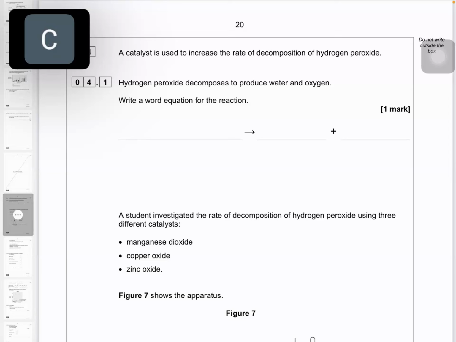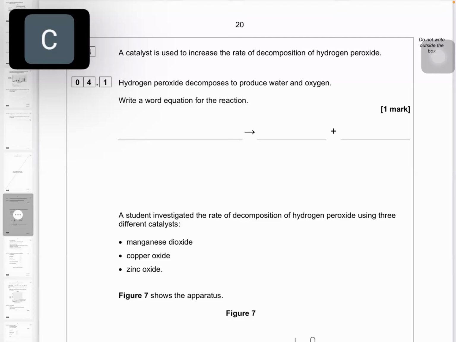Simple. Remember, decomposition involves something breaking down, so you are not expecting two things on the left-hand side of that arrow. That's what you need to note.